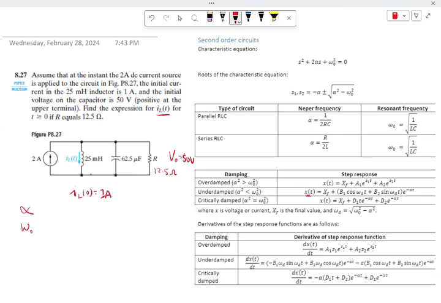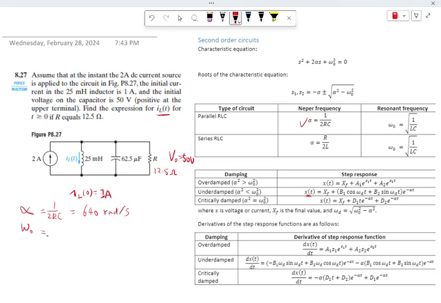Okay, first, omega 0 is always the same, but for the parallel circuit, the alpha looks like this. It's equal to 1 over 2RC. Everything is known. Then you will find this is 640 radians per second.